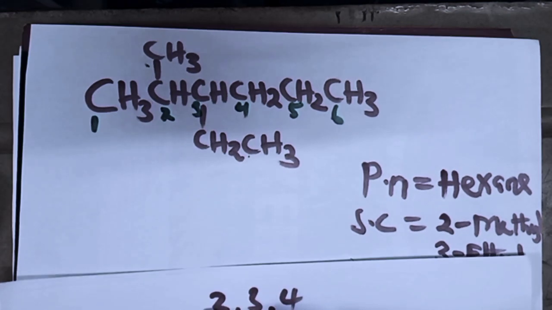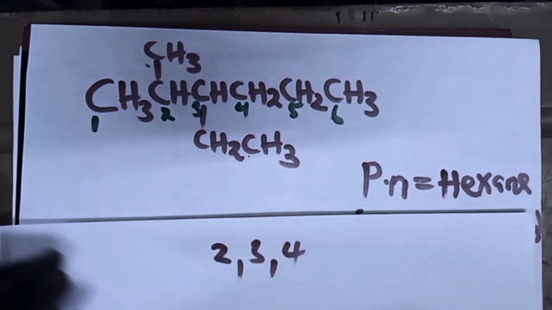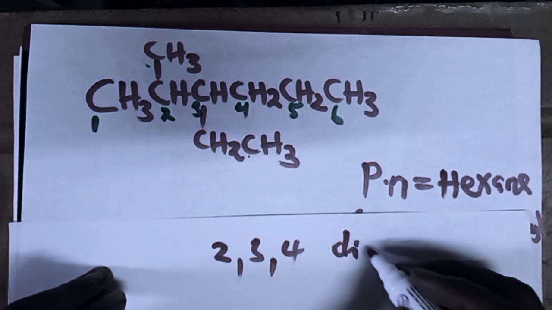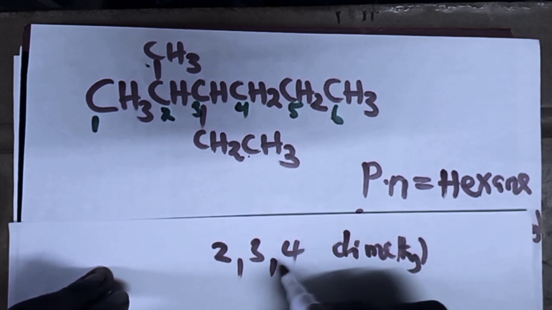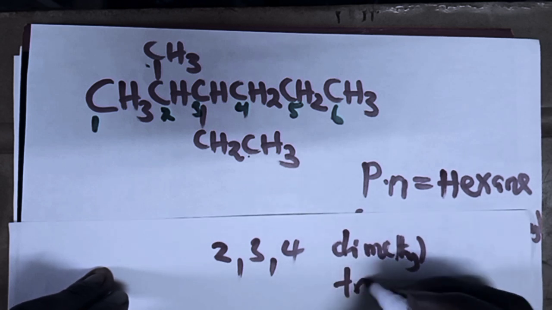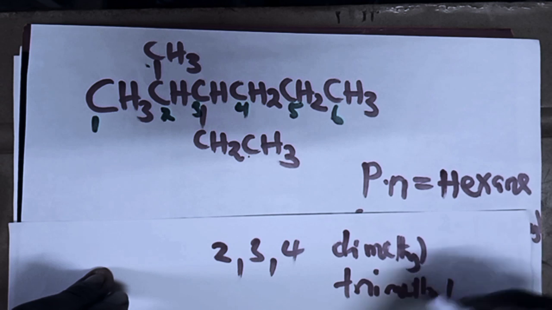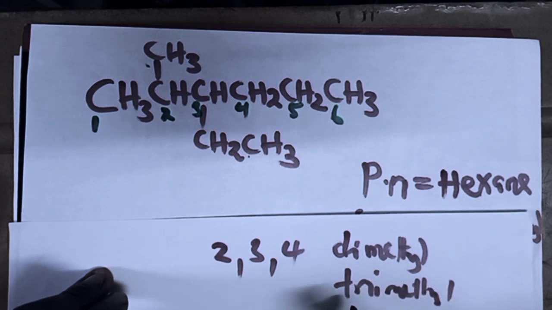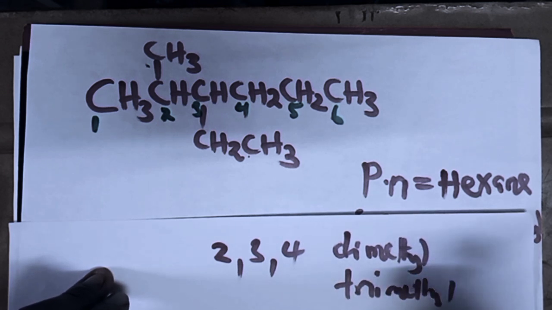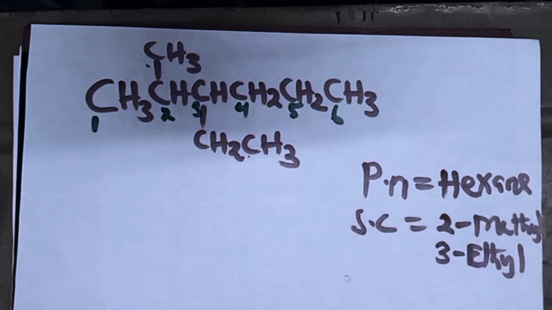Now, if there is 1, it will be methyl. If there are 2, it will be dimethyl. If there are 3, it will be trimethyl. If there are 4, it will be tetramethyl. If there are 5, it will be pentamethyl. You continue just like that. So that's what rule number 4 means.